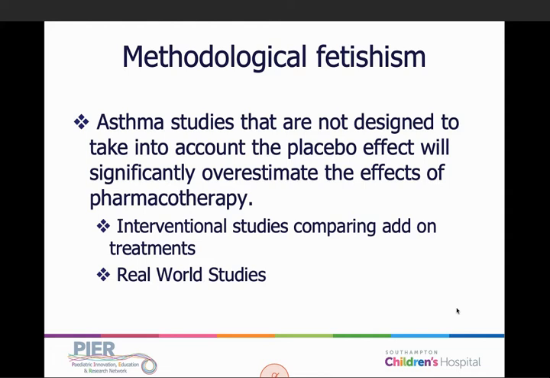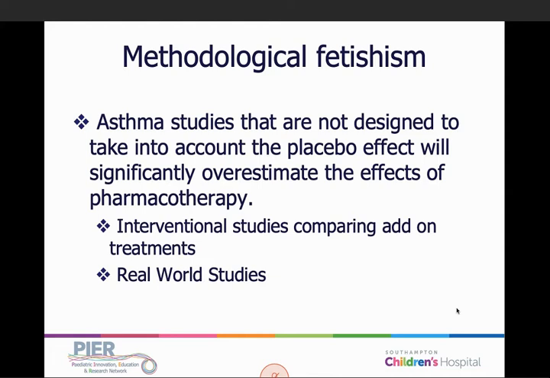And unfortunately, when it comes to asthma, we hit a big problem here. Because asthma studies that are not designed to take into account the placebo effect will undoubtedly massively overestimate the effects of pharmacotherapy. That slide I showed you of fluticasone showing you that 60% of the benefit is placebo.